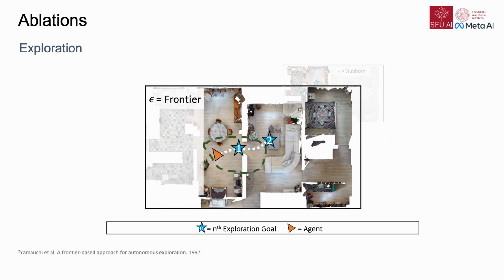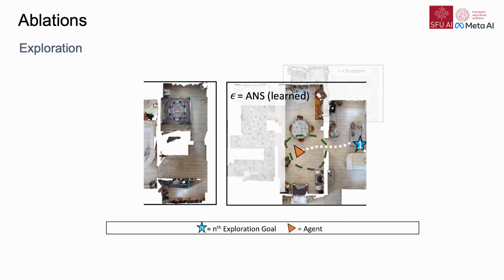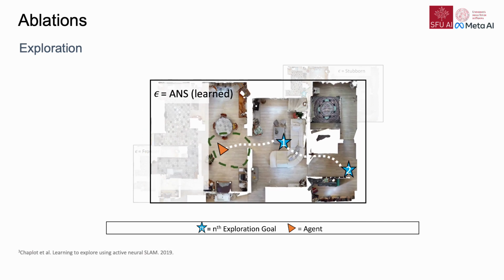We also use the popular frontier method where the agent navigates to the frontier of the previously explored regions. Next, we compare with active neural SLAM, which is a learned method to predict an exploration goal to maximize coverage based on the agent's pose on a free space map.